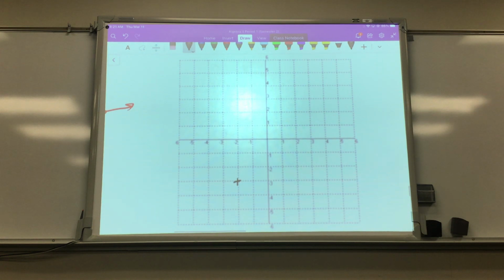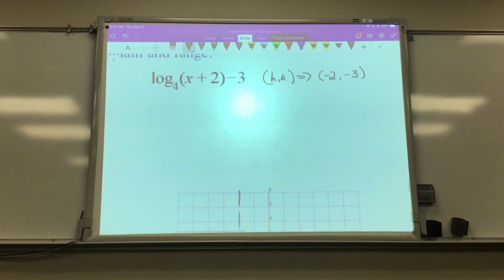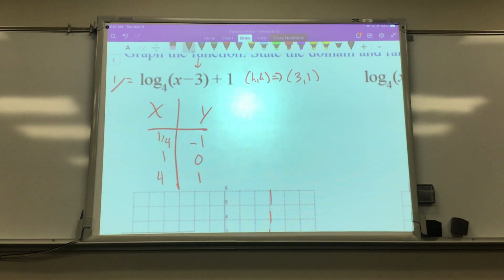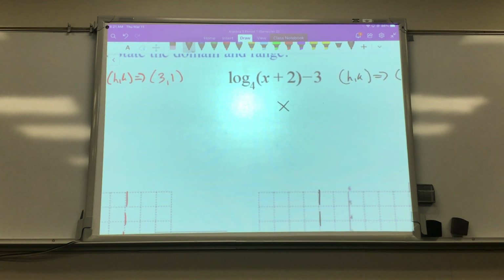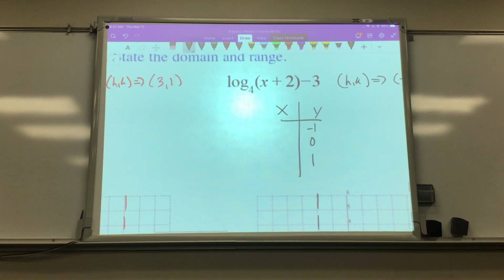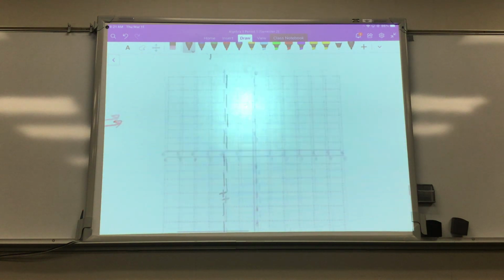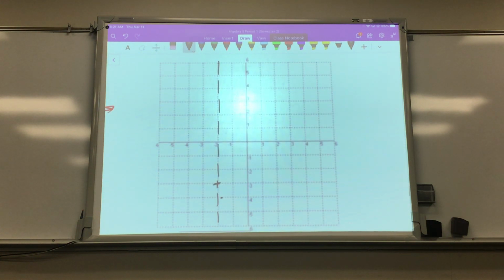Vertical. And again, it's just the same exact table, isn't it? Same base. And right 1/4, down 1, right 1, right 4, up 1.